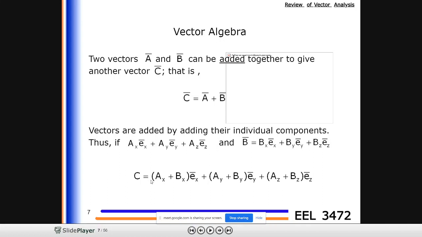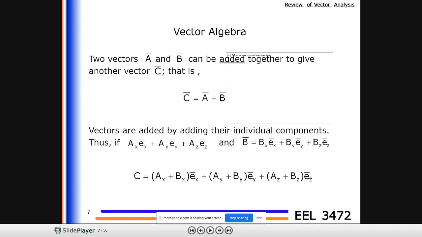Now c vector is equal to (a_x plus b_x) a_x cap plus (a_y plus b_y) a_y cap plus (a_z plus b_z) a_z cap. So what you are doing here is adding the same components: a_x plus b_x along a_x cap, a_y plus b_y along a_y cap, a_z plus b_z along a_z cap.